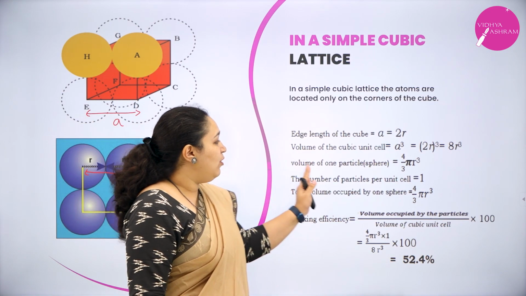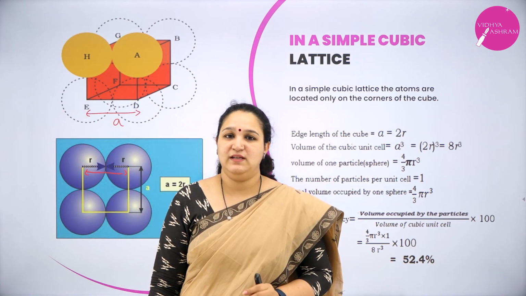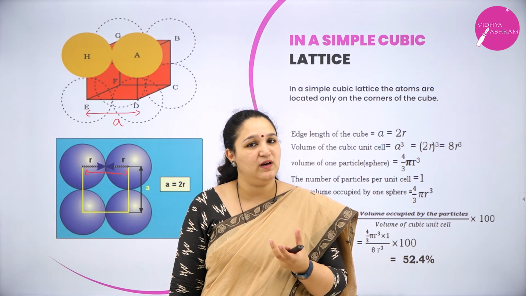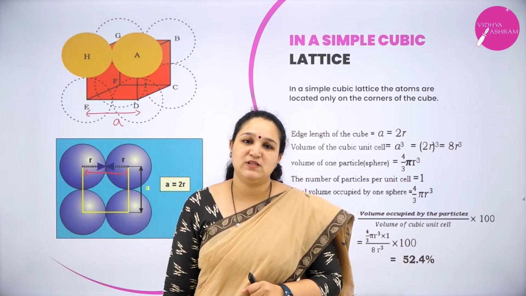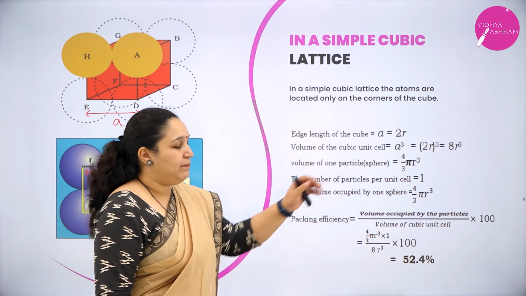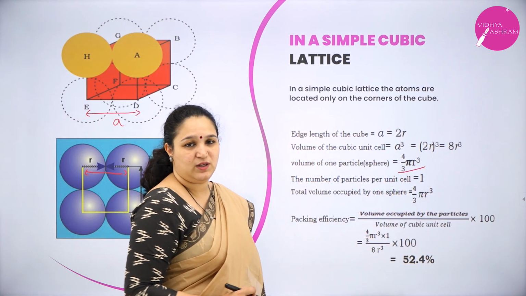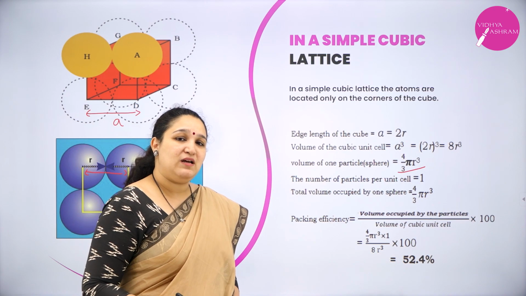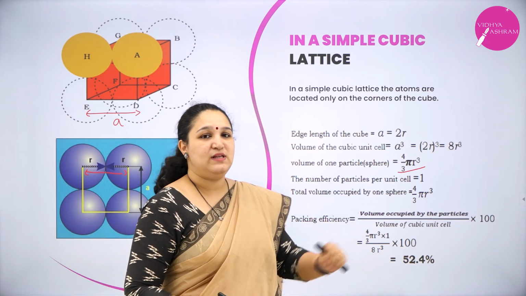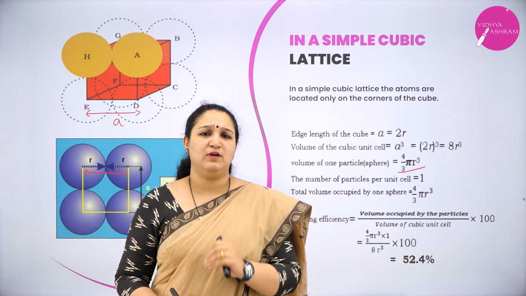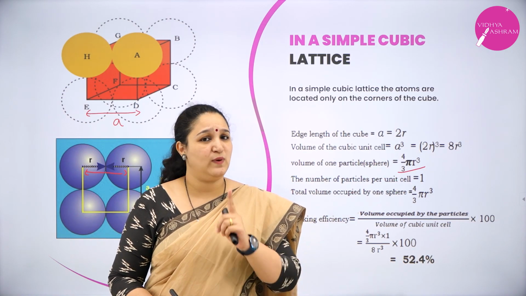Next, volume of one particle. We are considering the particle to be a sphere. So, what is the volume of the sphere? 4 by 3 pi r cube. How many particles are there in my simple unit cell or primitive cubic unit cell? It is one particle.